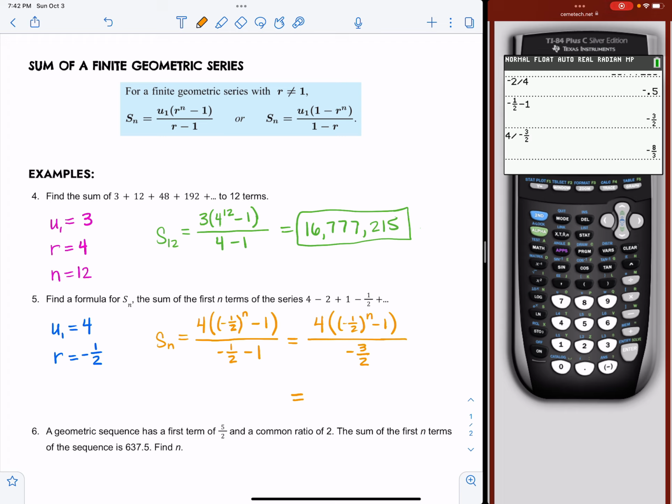So we can say that this is going to be negative 8/3 times negative 1/2 to the power of n, minus 1. That is going to be our sum equation.